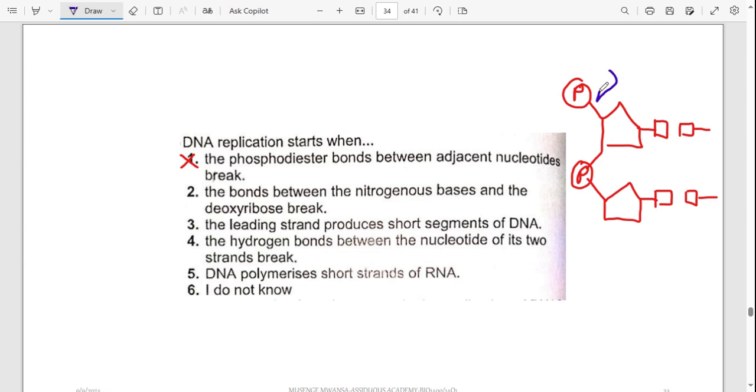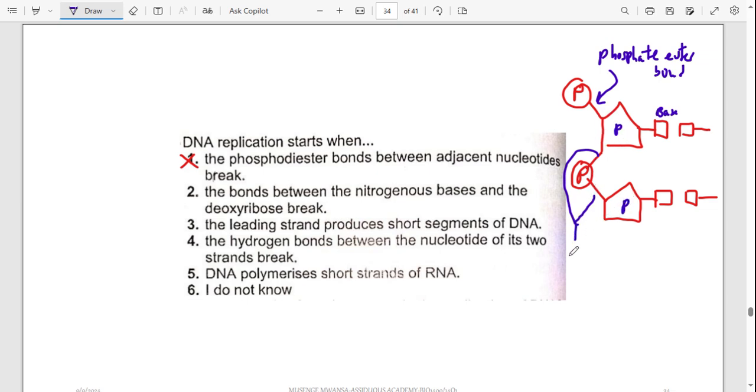This bond between a phosphate and a pentose sugar, this is a pentose sugar, this is a base. This is known as a phosphate ester bond. Now, when you are connecting two nucleotides, can you see that you have got a phosphate with two pentose sugars?